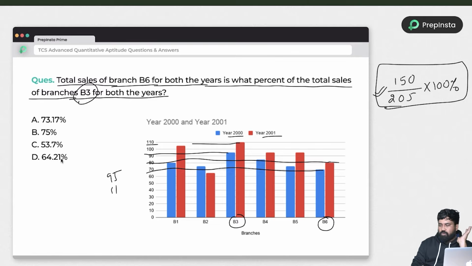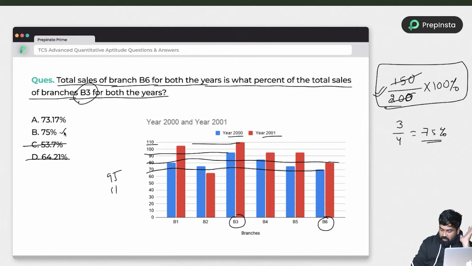Even I will tell you how to do it. See, I am assuming that this is 200, so the answer is 3 by 4. Why? Because 50 will cancel 3 times, 4 times. So 3 by 4 is nothing but 75 percent, right? We already know some of this. So your answer cannot be 53, your answer cannot be 64.